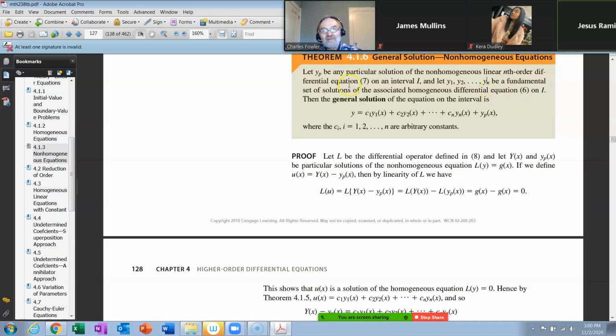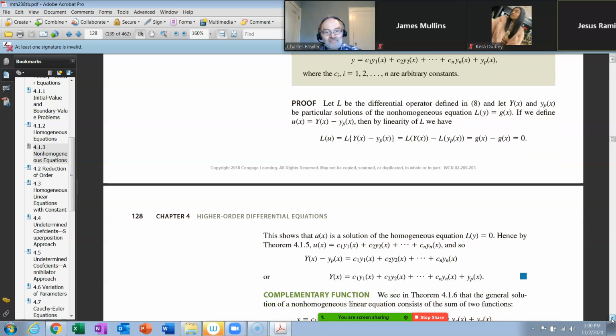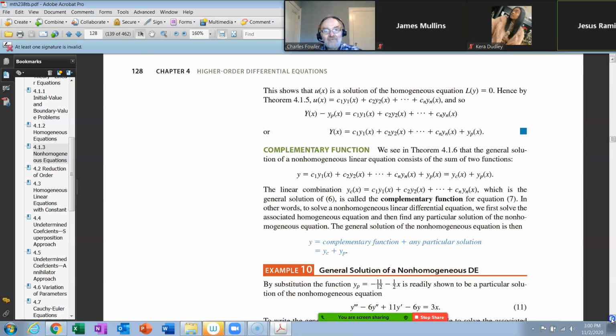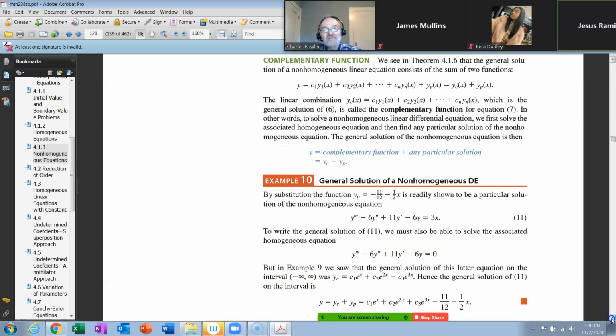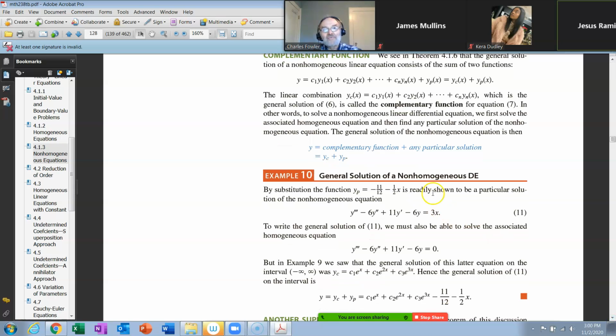That's with everything just like example 7 here, except the right hand side for 7 is not 0, the right hand side for 6 is 0. Okay, now that's called the associated homogeneous differential equation. Okay, now to deal with that, here's a new definition, what we call the complementary function.